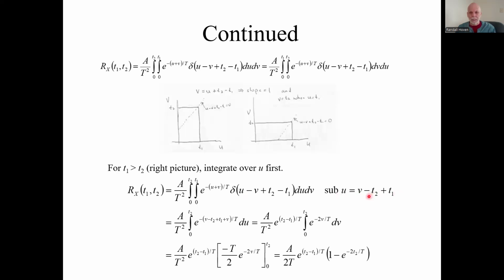So we make that substitution for the U: V minus T2 plus T1 plus V. And that's what the inner integral evaluates to. Now we just do the outer integral. Pull out the T2 minus T1 again, and we're left with this. You can take that. Anyway, here's what you end up with.